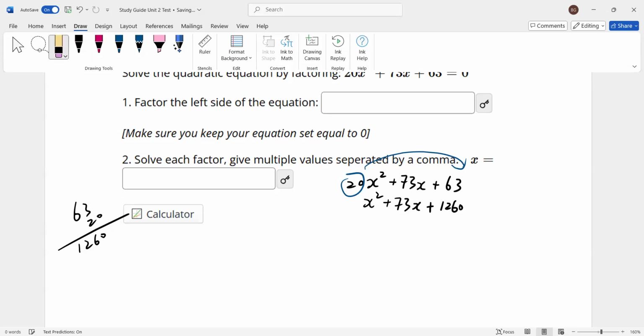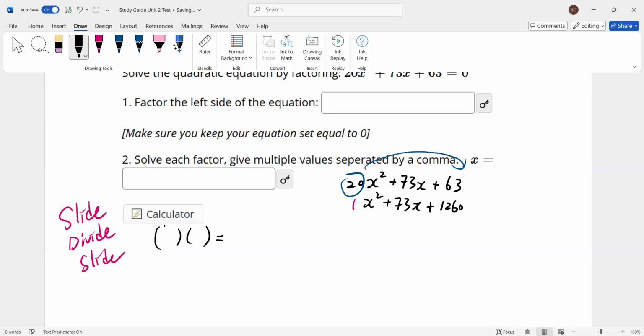This quadratic trinomial now has a coefficient of 1 because the 20 is slid away. How do we factor this one? The method is called slide, divide, slide. We need to find the two integers.